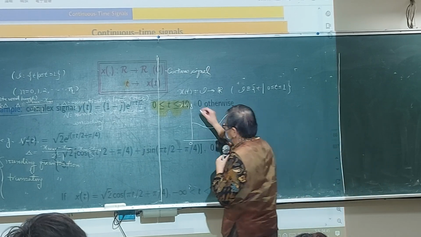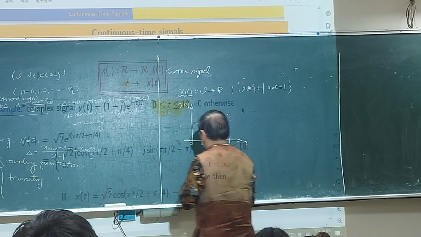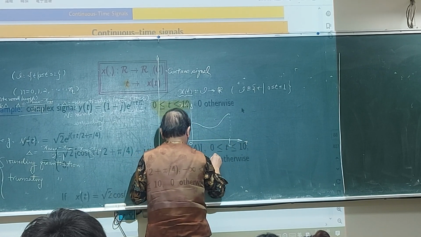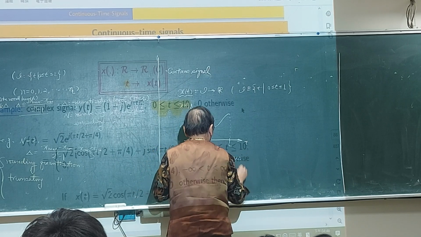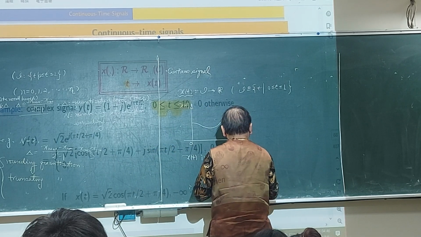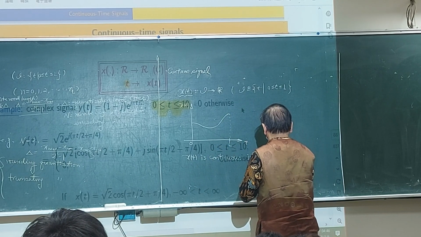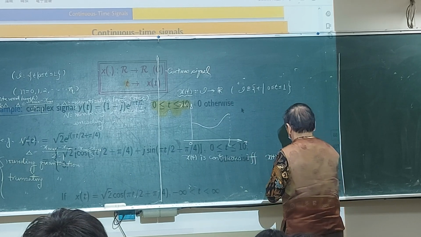If you go to the handbook of mathematics, x(t) is continuous if and only if the function value is equal to the limit.